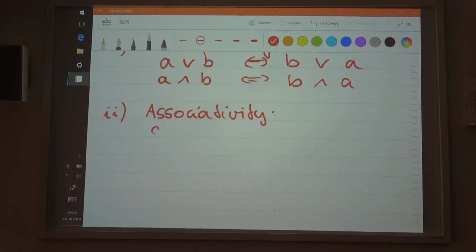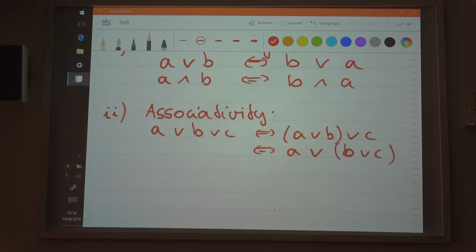Consider the disjunction first, so you have A or B or C. This is equivalent to the following statement, namely that you have the disjunction of A and B first, and then you perform another disjunction with statement C. Associativity also means that you can use parentheses or you can leave them. This is actually up to you. Either you neglect them or you use them. This is the same thing as the disjunction of A and the statements B and C. So that's the same thing.